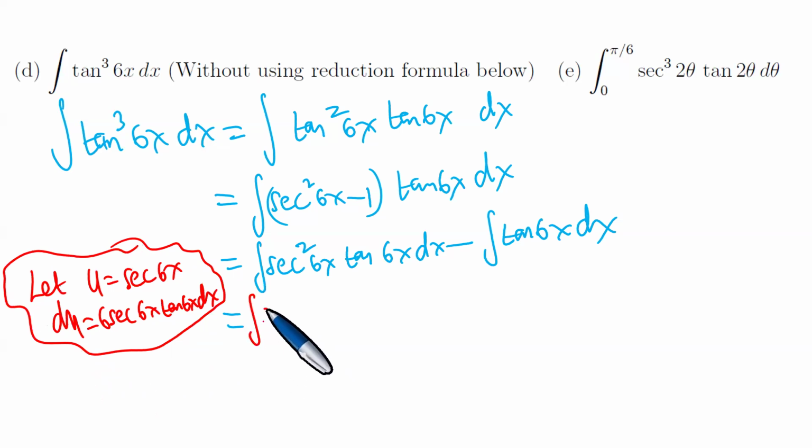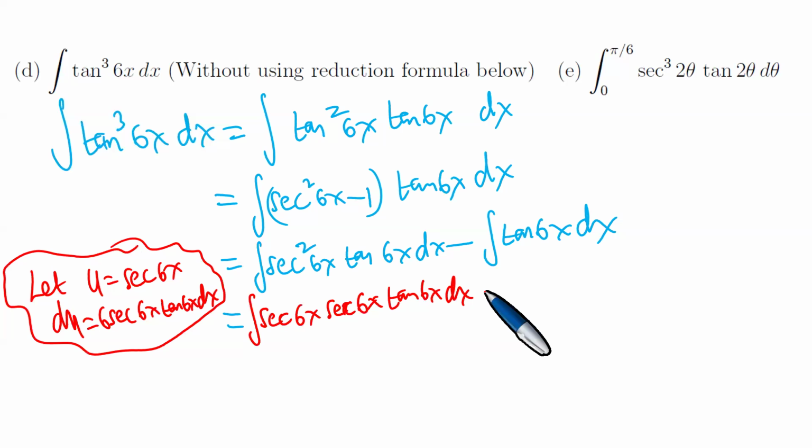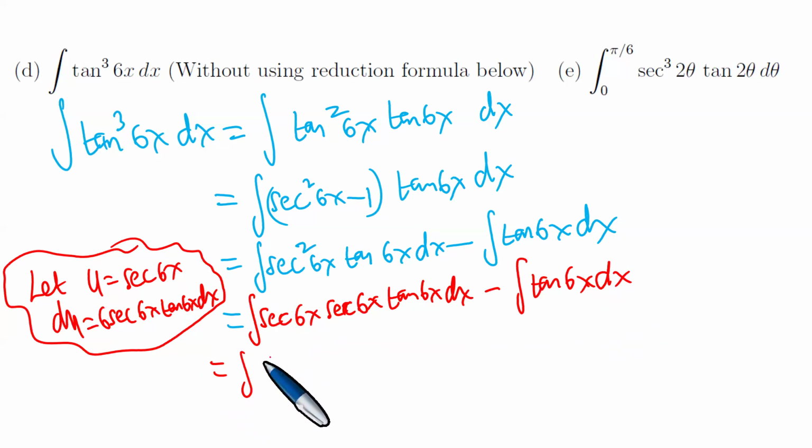Okay, so in the end, it's secant of 6x, minus the integral of the tangent of 6x dx. So now in the end, you let u be the secant, so you substitute.